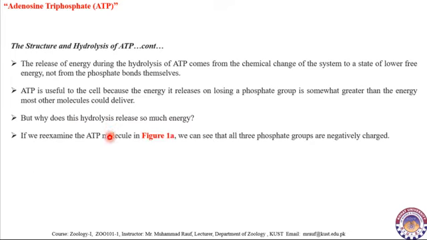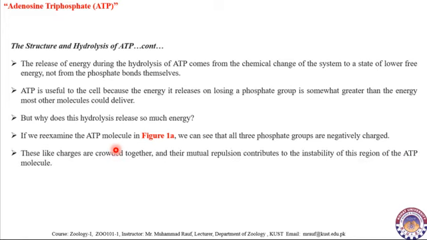The answer is that there are 3 phosphate groups in ATP, and all these phosphate groups are negatively charged, and remember that like charges repel each other, so there is a strong tendency of repulsion between the 3 phosphate groups. These like charges are crowded together, and their mutual repulsion contributes to the instability of this region, that is the region where phosphates are located.